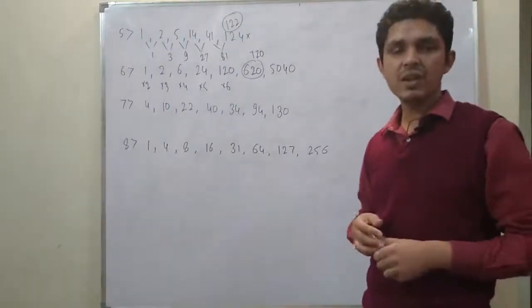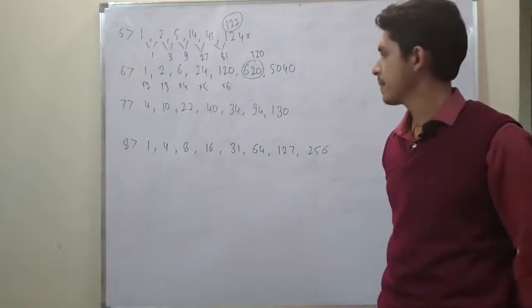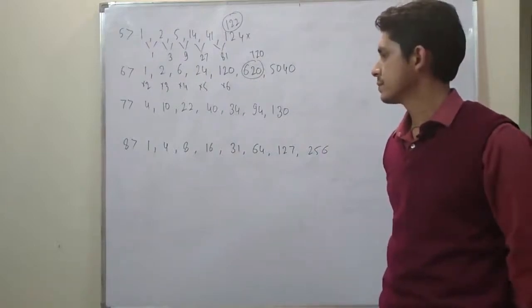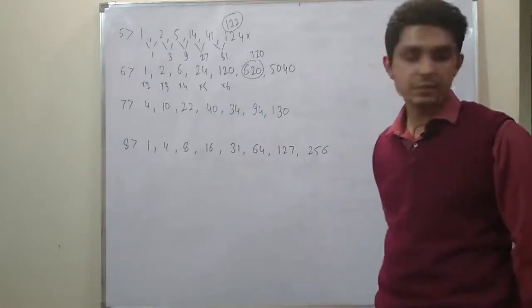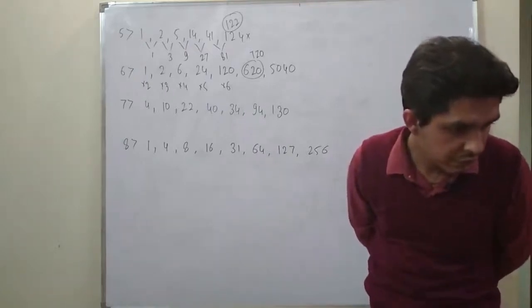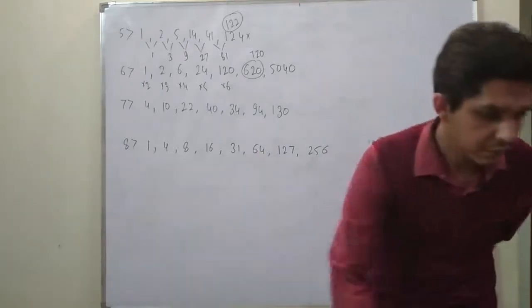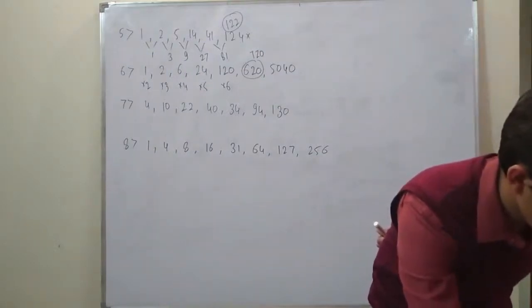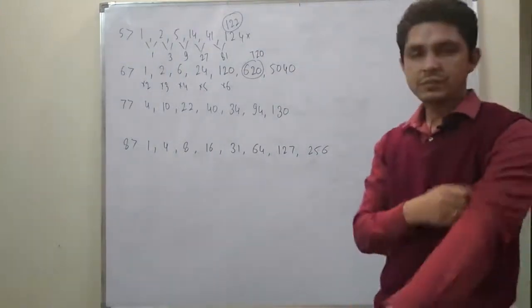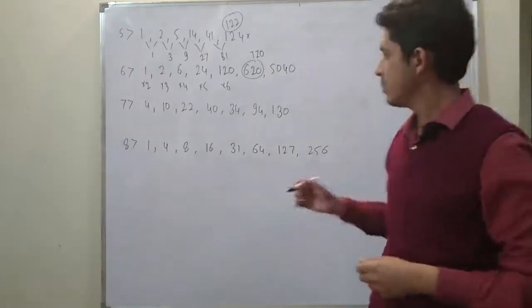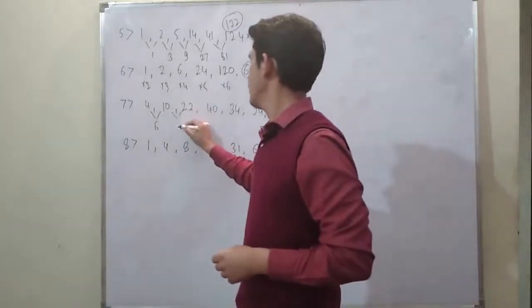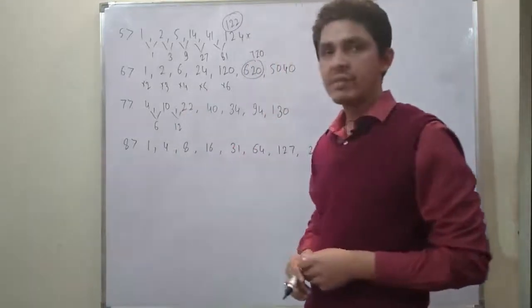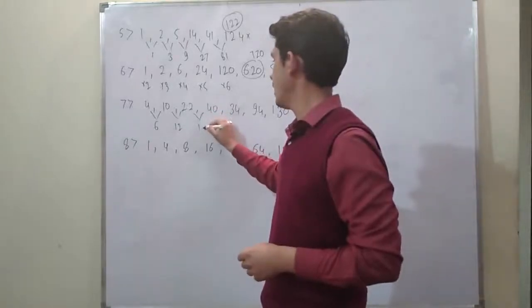Okay, first you try to find out the pattern. Okay, the pattern is, here we have the difference of 6, here we have the difference of 12, and here we have the difference of 18.